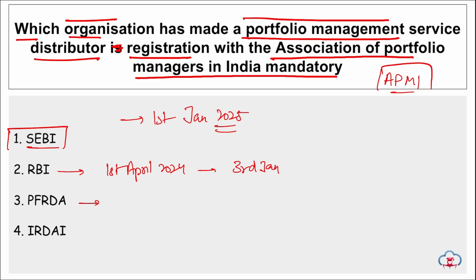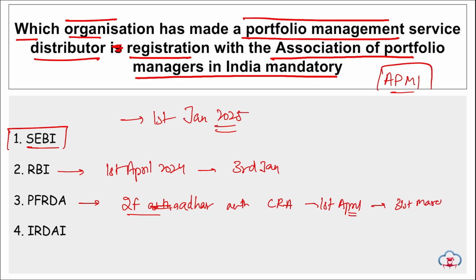If we talk about PFRDA, that is Pension Fund Regulatory and Development Authority, they have mandated two-factor Aadhaar authorization for CRA access from 1st of April 2024, right? And this news was released on 31st of March. If we talk about IRDAI, right, they have issued draft regulations for Bima Sugam Insurance e-marketplace. Correct? Take a note of this.